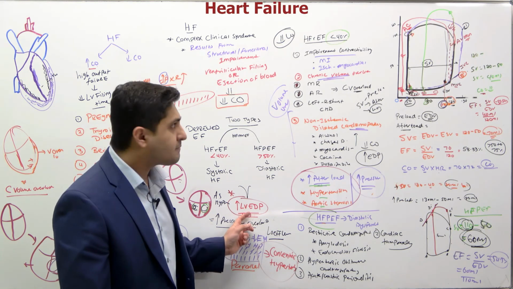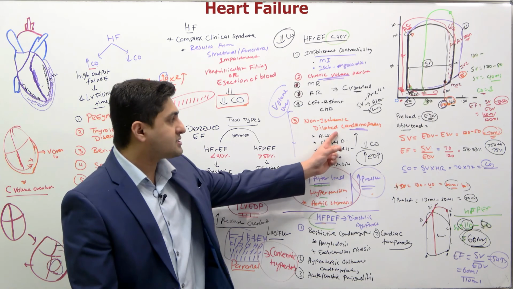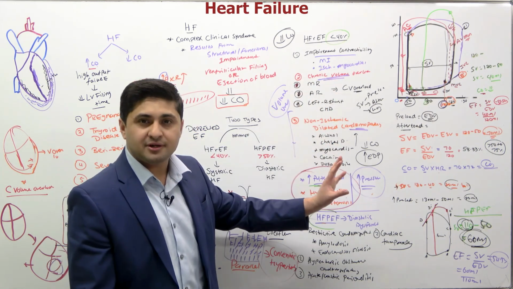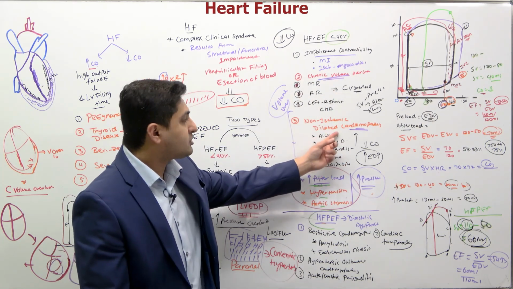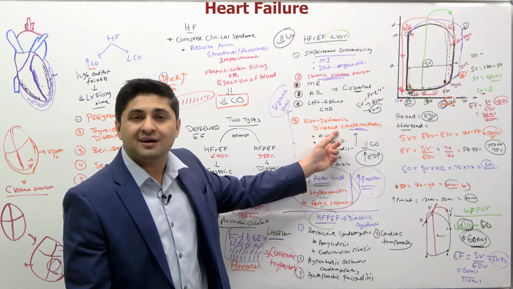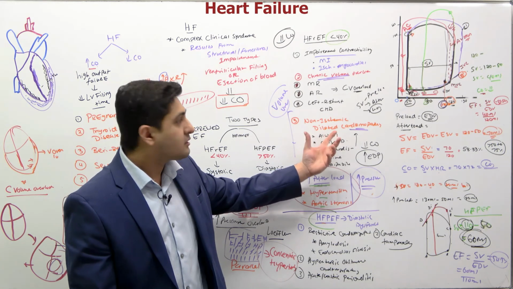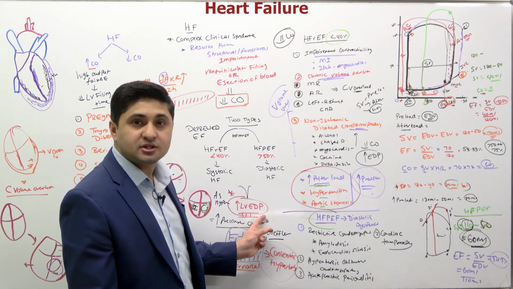No matter what, think about it: if there's aortic stenosis, or impaired contractility, whatever it is, if there's a lot of volume overload, the heart has to generate pathologically higher pressure to propel the blood out. That is why the end-diastolic pressure is going to go high.